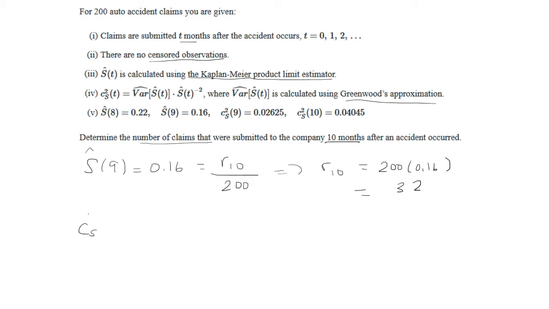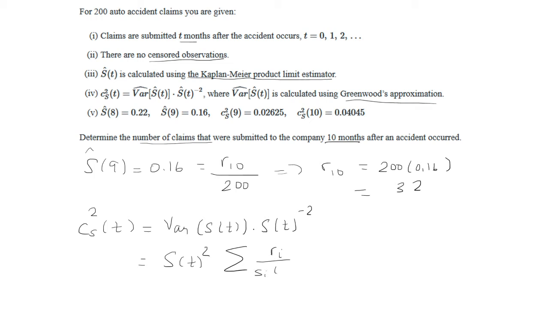We know that C sub S of T squared is the variance of S of T times S of T to the negative second power, but we're using Greenwood's approximation for the variance, which involves squaring S of T. So this is the sum of S of I over R of I times R of I minus S of I for all I, times S of T to the negative second power. That's going to cancel out with this.